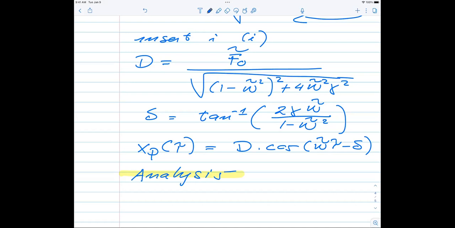Clearly the cosine term only gives us the oscillations, so it doesn't give us so much interesting information. The interesting information is in the term d. And you can tune the frequency so you can get less damping or more damping. So let's take a look at it, and we can make some simple physics analysis based on this applied external force.